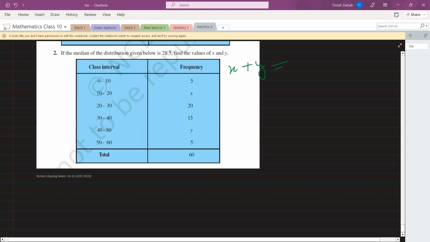You add all of them. 5 plus x plus 20 plus 15 plus y plus 5 equal to 60. Then please solve.